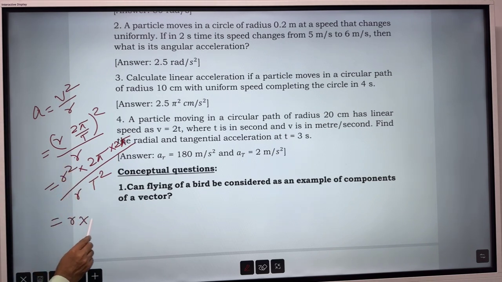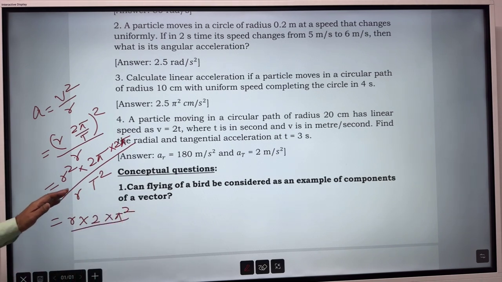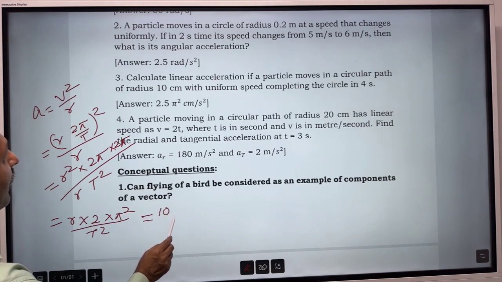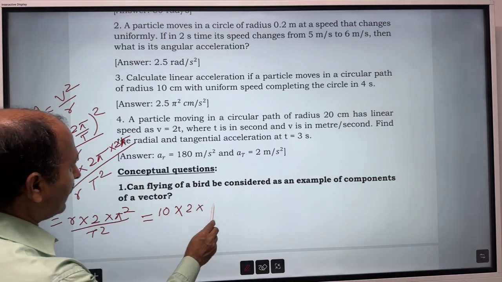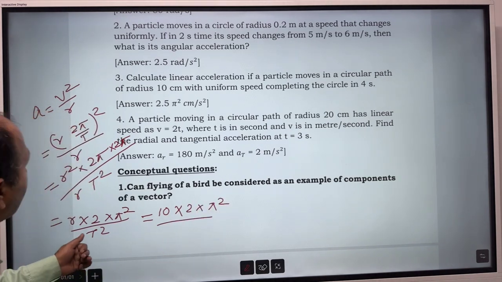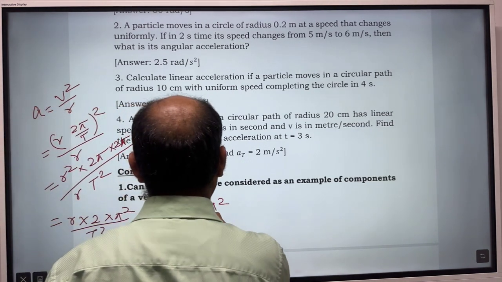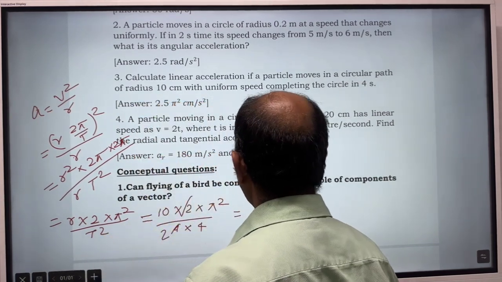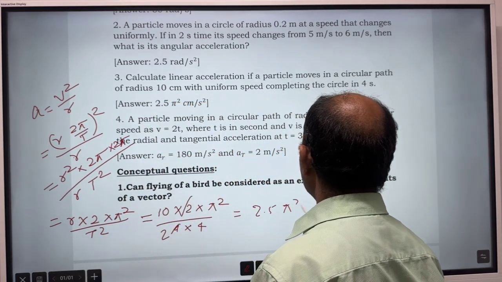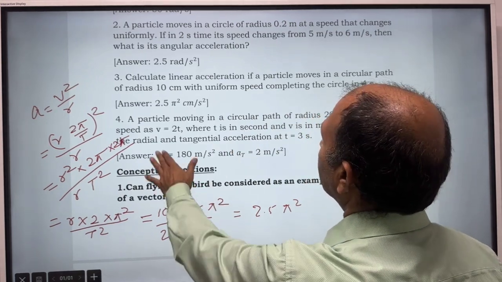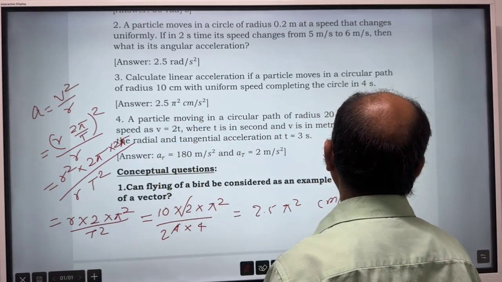So R into 2 into pi square divided by, in denominator, time square we left. So R is given as 10 cm and it is 2 into pi square and divided by time square. Time is 4. 4 into 4. Let's simplify. So this will become 2.5 pi square and centimeter per second square.